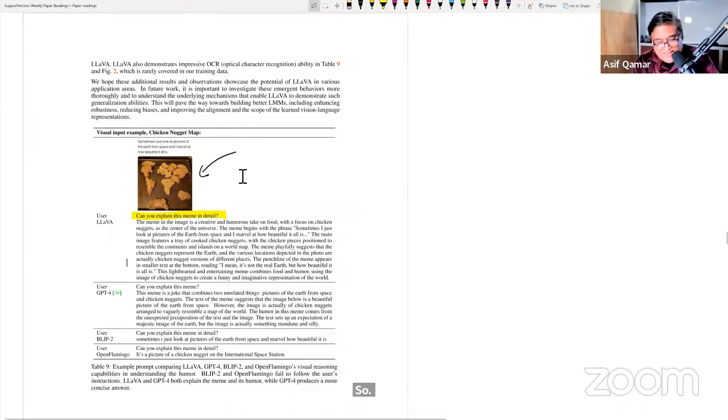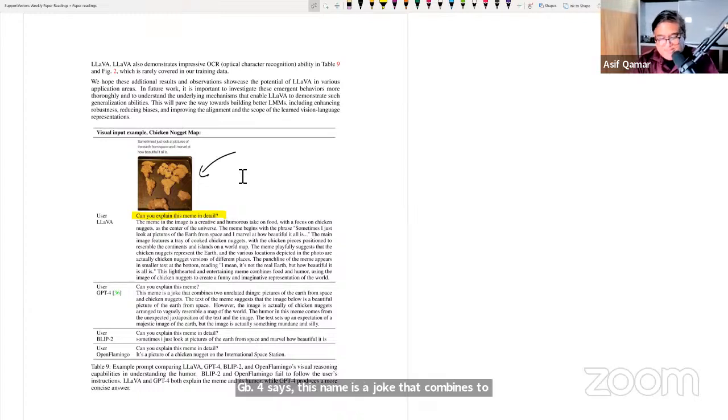So let's see what GPT-4 says. GPT-4 says, this meme is a joke that combines two unrelated things, a picture of the Earth from space and chicken nuggets. The text of the meme suggests that the image below is a beautiful picture of the Earth from space. However, the image is actually of chicken nuggets arranged to vaguely resemble blah, blah, blah.